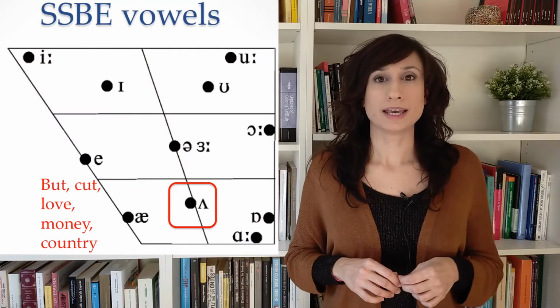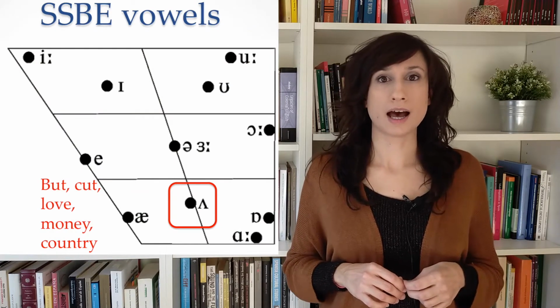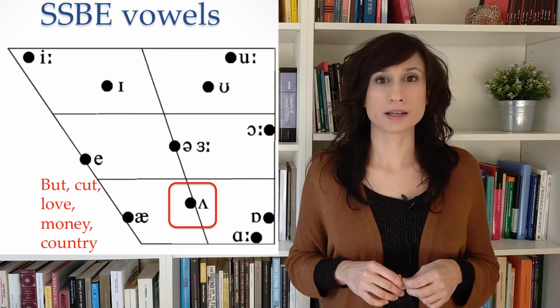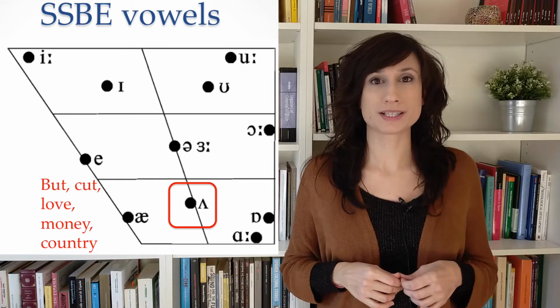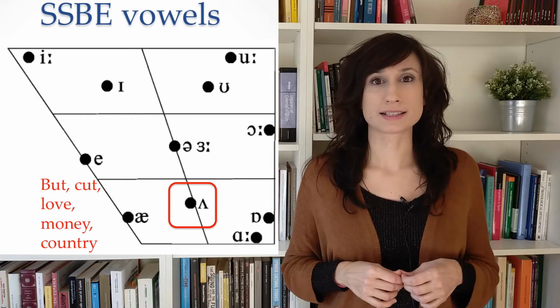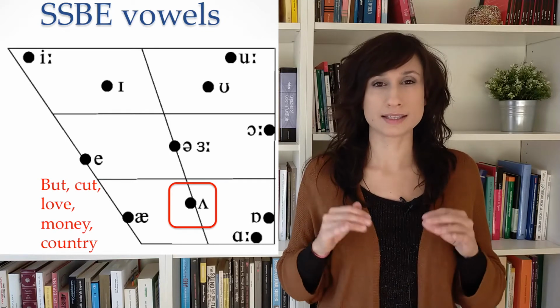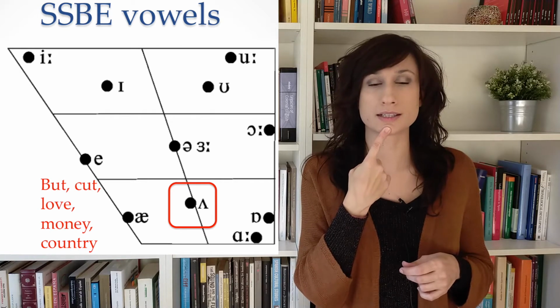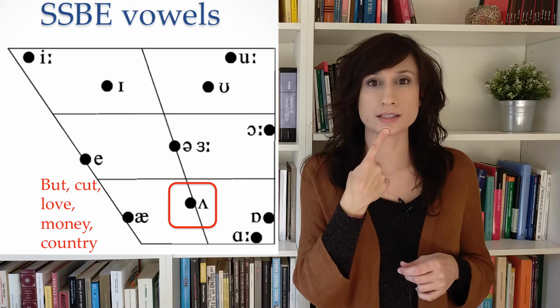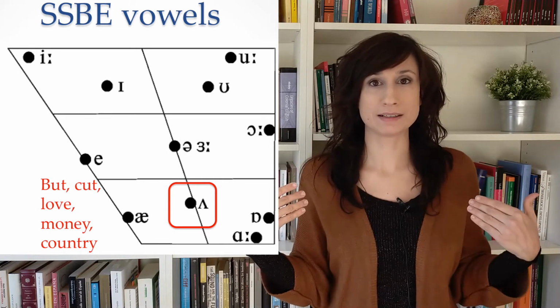This vowel is uh, as in the word but. Notice it's not as low as Spanish A. So in Spanish we say casa. This is cut. It's not as low. So notice the difference between cut and cat. Cut and cat. Meow.